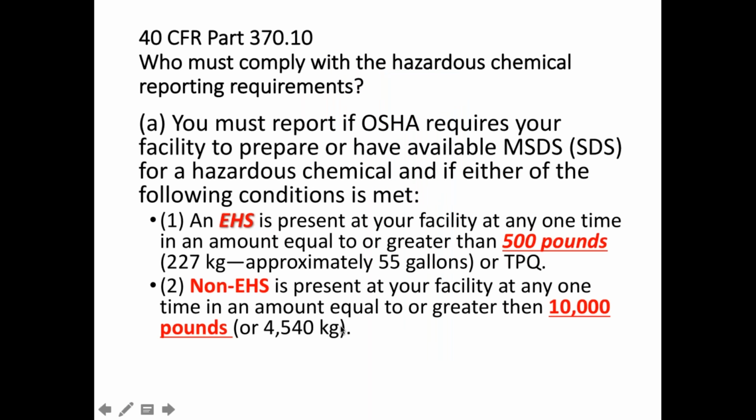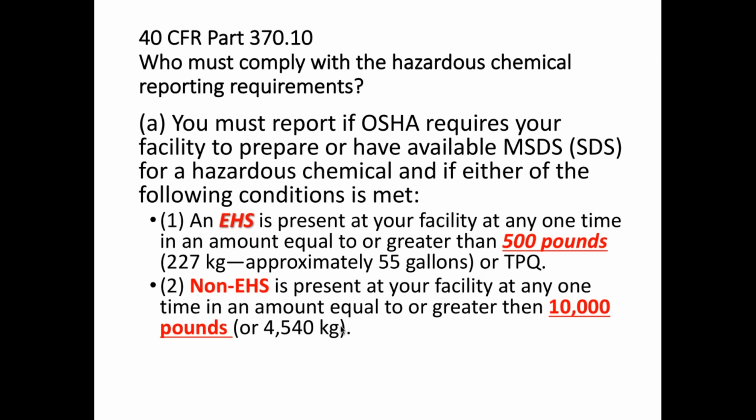In order to submit a Tier 2 report, the law states under 40 CFR 370.10 who must comply with the hazardous chemical reporting requirements. It says that you must report if OSHA requires your facility to prepare or have available the SDS for a hazardous chemical, and if either of these 2 criteria are met.